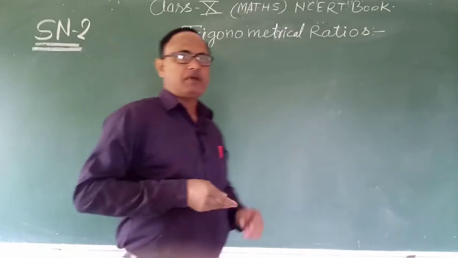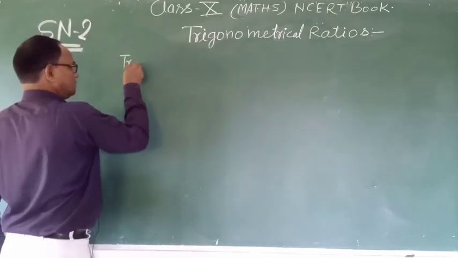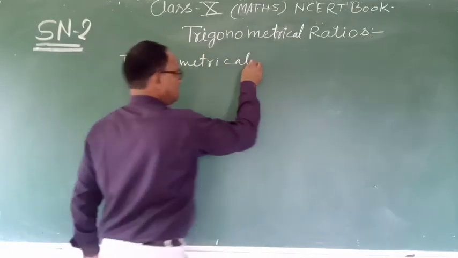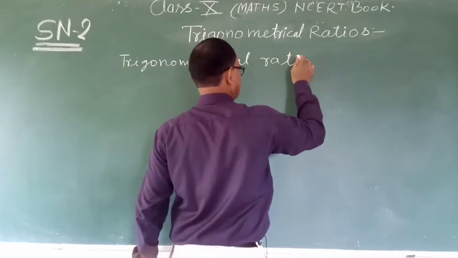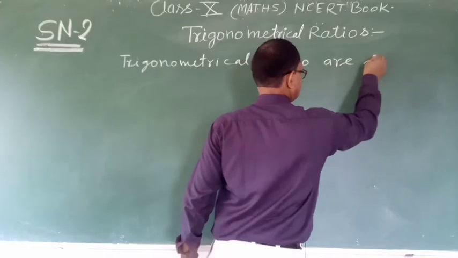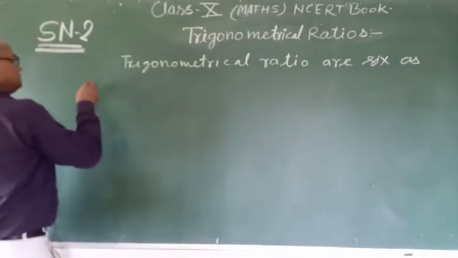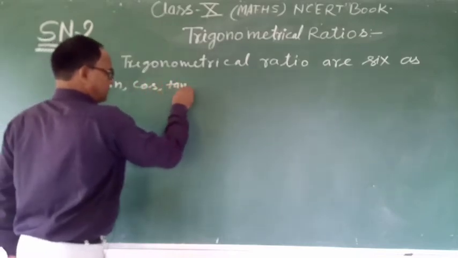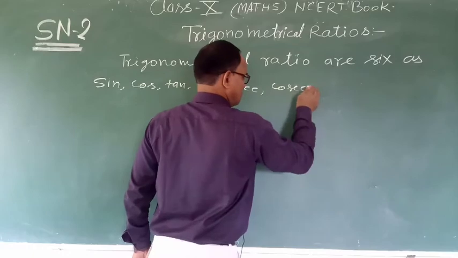Trigonometrical ratios depend on six ratios. The trigonometrical ratios are six: sin, cos, tan, cot, sec, cosec.